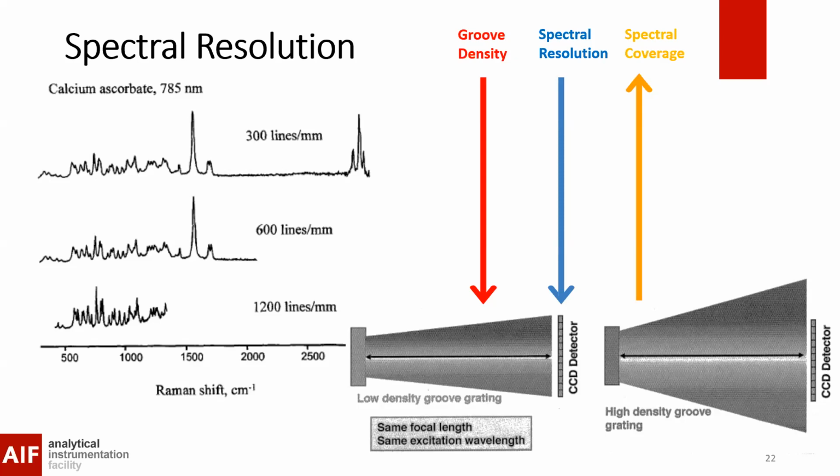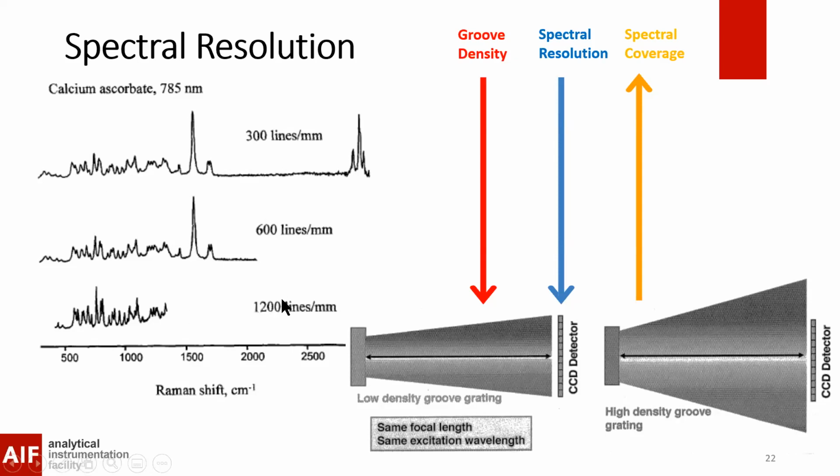With a lower number of grooves, the focal plane array can collect a wider spectral range, as you can see from here. This Raman shift coverage is up to 3,000 wave numbers.